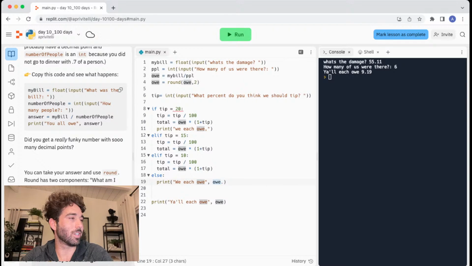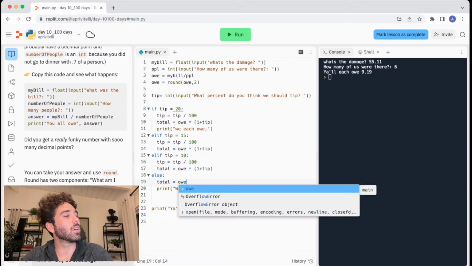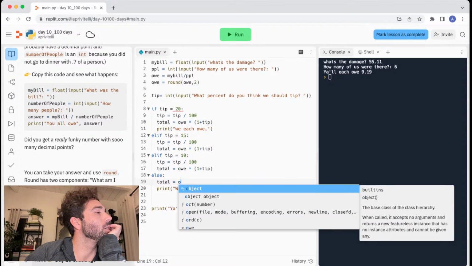We each owe... else... total equals... Okay.